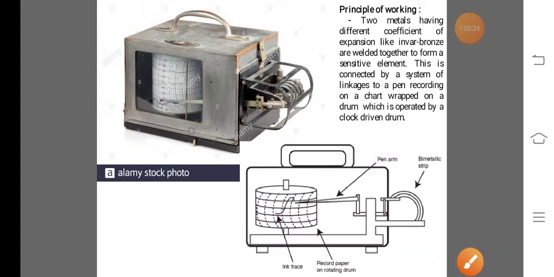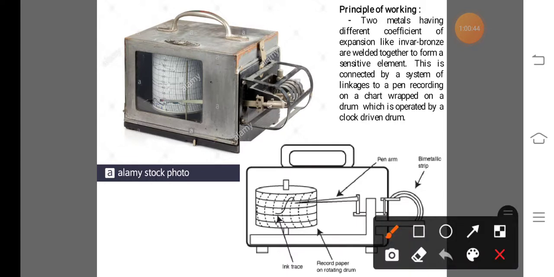Now the principle of working, or the recording of temperature using the thermograph. When the temperature of the atmosphere increases, the length of this metallic strip increases, and when it decreases the length decreases. The expansion and contraction of this bimetallic strip occurs with the increasing or decreasing of the temperature.